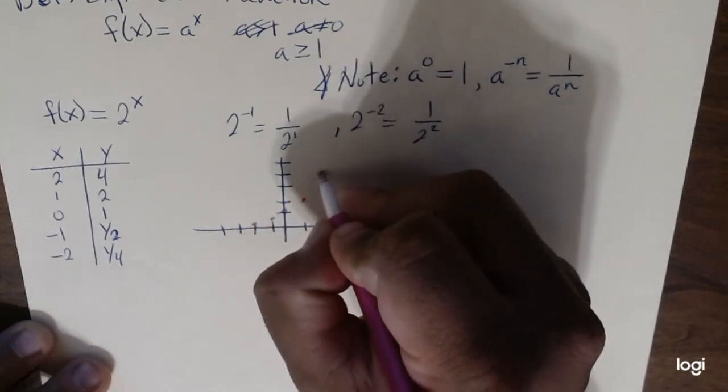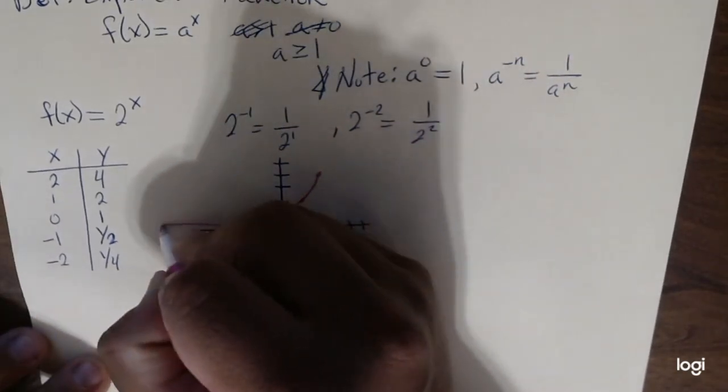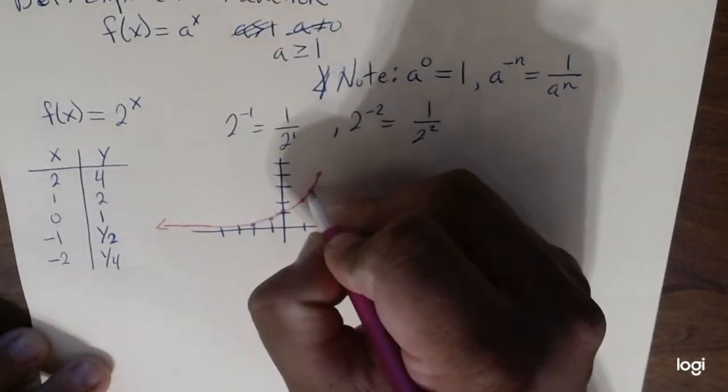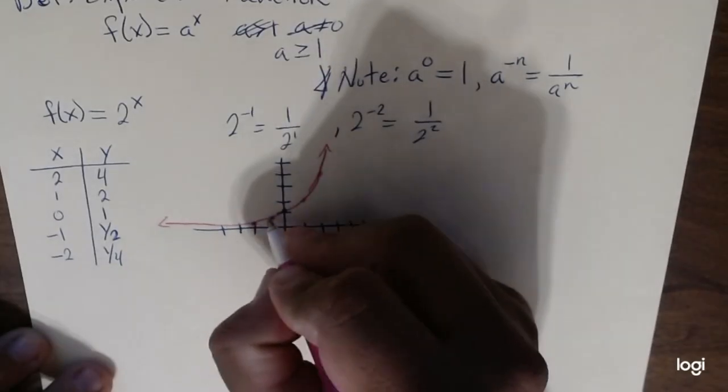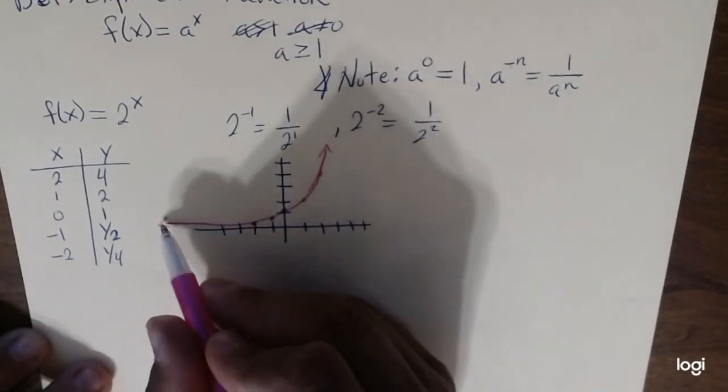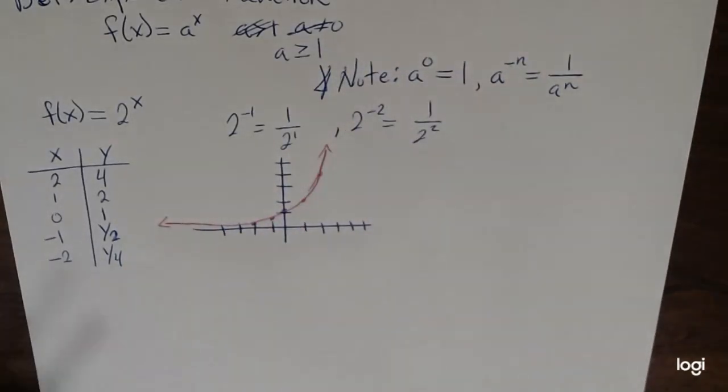The graph looks like this, and it shoots up on the other side. I always make a joke that this is what you want your bank account to look like. Exponential growth means it just shoots up no matter what, making millions and millions of dollars, not the other way around.